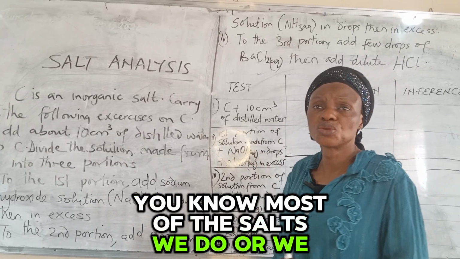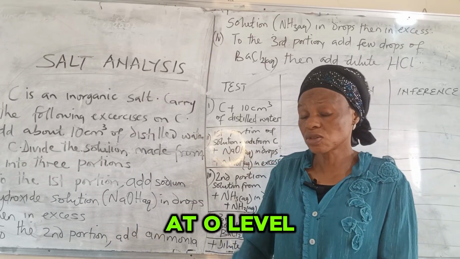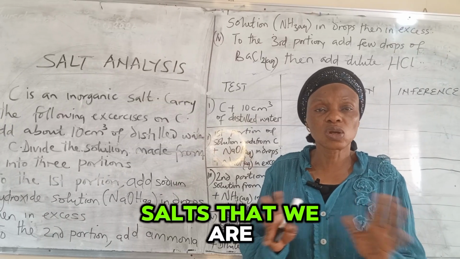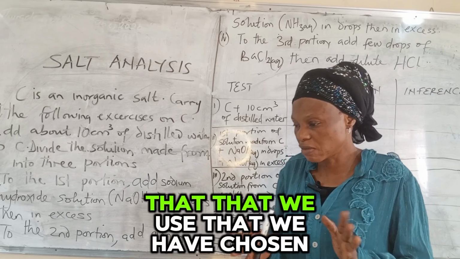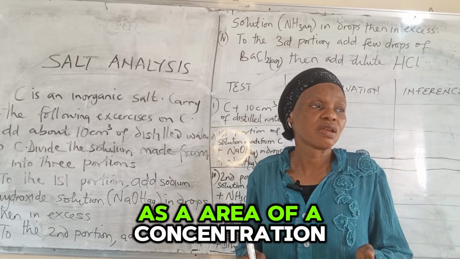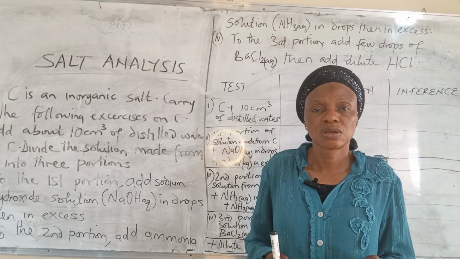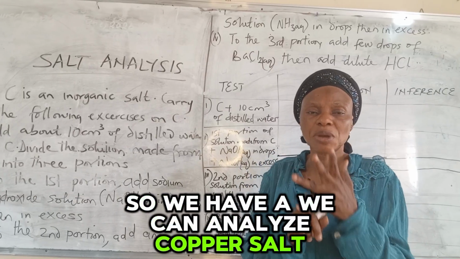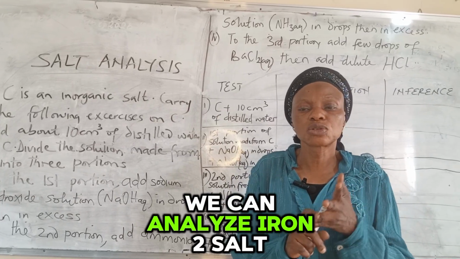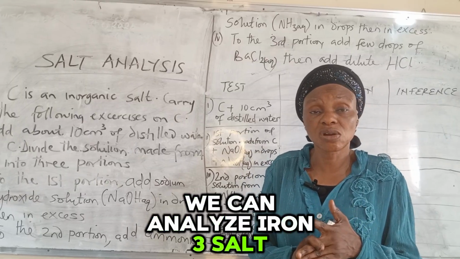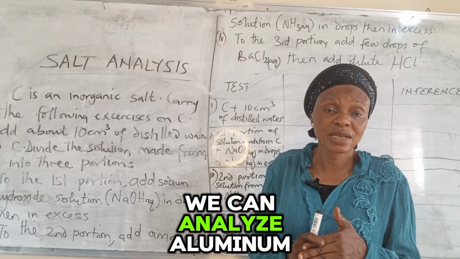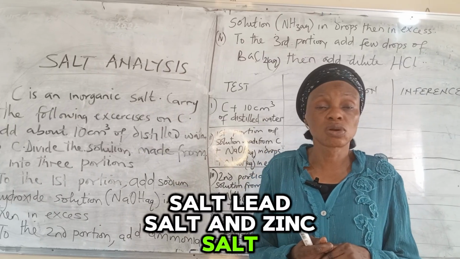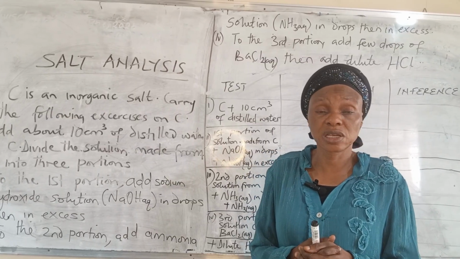Most of the salts we analyze at O-level chemistry, we have just a few salts that we have chosen as our area of concentration. We can analyze copper salts, iron 2 salts, iron 3 salts, aluminium salts, lead salts, and zinc salts.